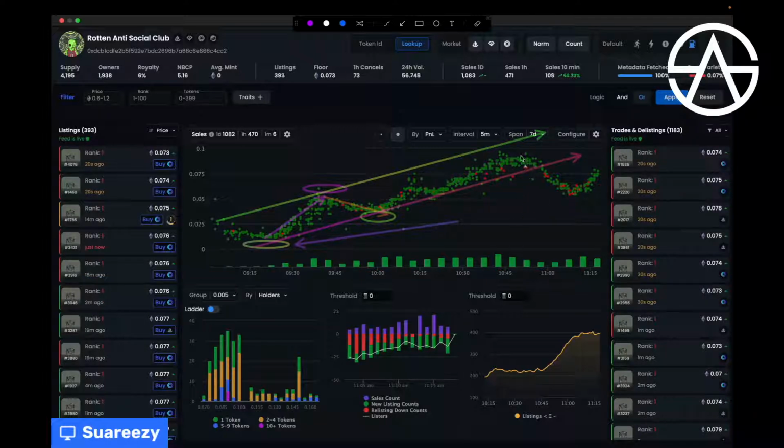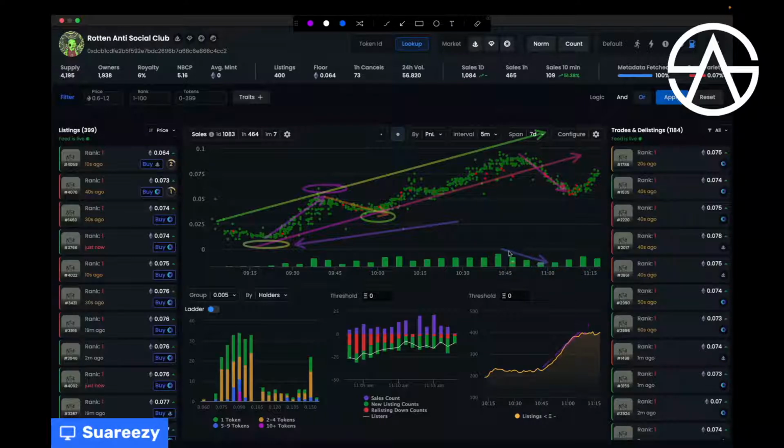You can see where we started to snap the bottom trend line, and look exactly what's happening with our volume at that point as well. So not only are our listings increasing, but our volume decreasing here is going to give us that pullback or that retrace in price action here.